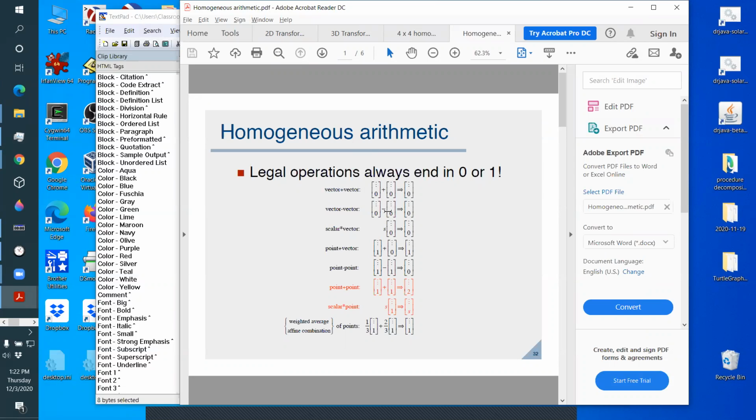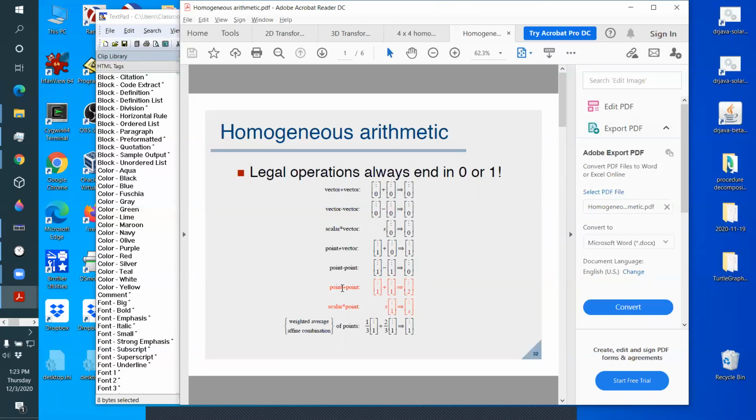If you subtract 2 vectors, you get a vector. If you add a point to a vector, you get a point. That's translation: you're translating a point by a vector, and you get a point. And here's an interesting one: if you subtract 2 points, you get a vector. That's the vector that displaces from one point to another.